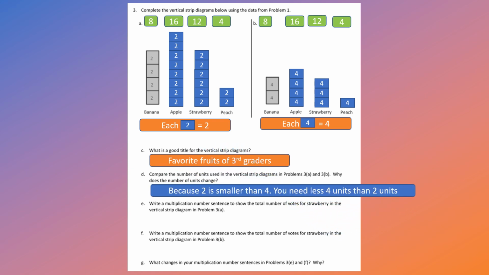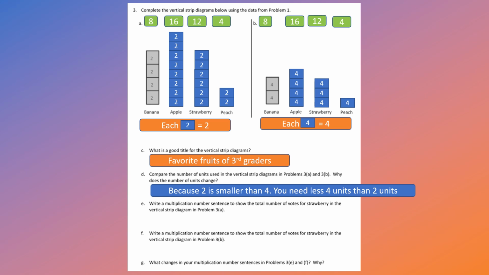So, the number of units change because 2 is smaller than 4. You need less 4 units than 2 units. Now, if your answer is worded along those lines, then it's perfectly fine. If you had a completely different explanation, then you need to change it.